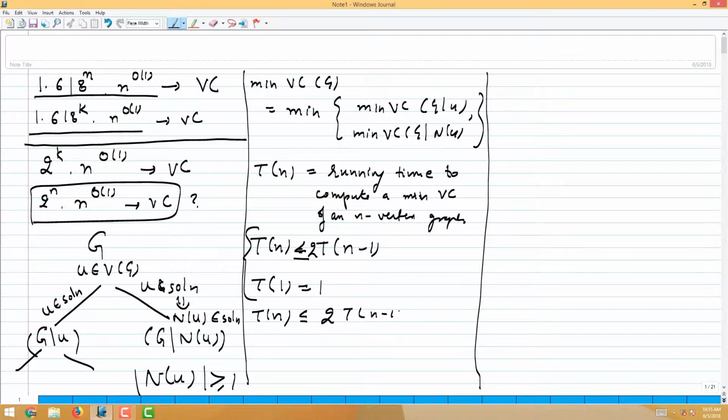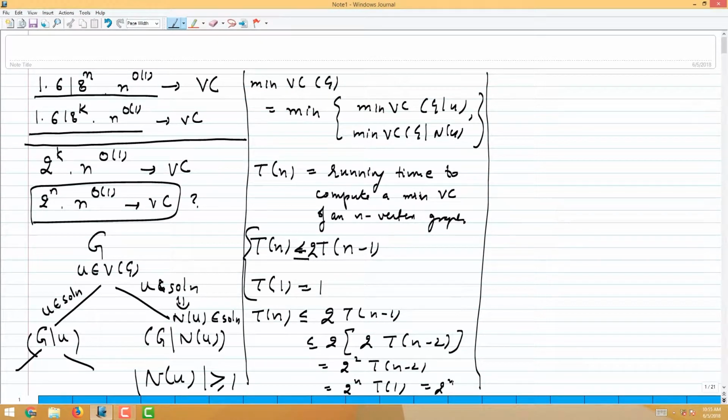And you know T(n-1) is nothing but 2 into T(n-2). So this is basically 2 power 2 into T(n-2). And you keep on doing this. Eventually you will get 2 power n into T(1). And T(1) is 1. So you will solve it to 2 power n. Yeah, so this is how you get a 2 power n algorithm for vertex cover.